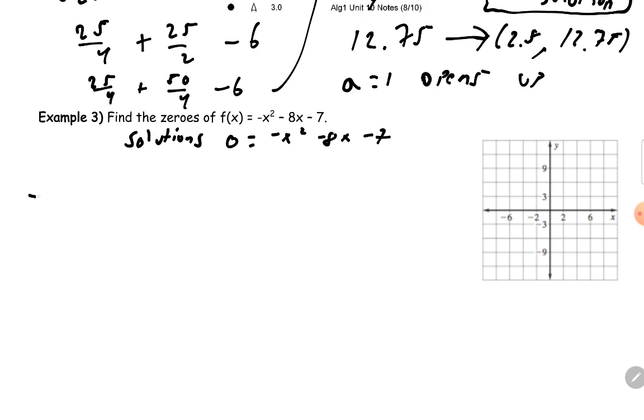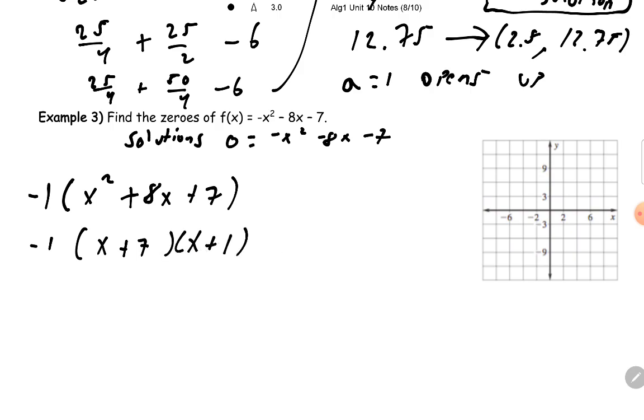I'm going to factor out a negative 1, because all these are negative, and I like dealing with positive numbers. So this will become negative 1 times the quantity x squared plus 8x plus 7. Okay, two numbers that multiply to 7 and add up to 8, that's 7 and 1.